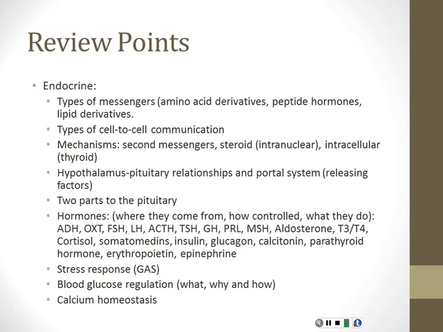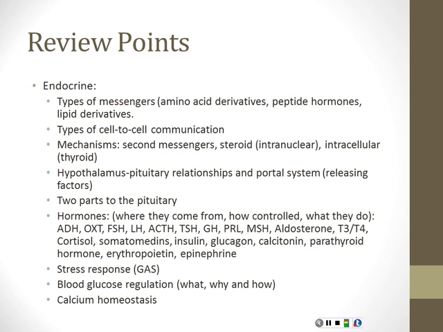Hypothalamus, pituitary. Okay. So we talked about how the hypothalamus controls the endocrine system, and the pituitary is sort of the hardest working gland. So here's the brain up here, and then there's this stalk here, and the pituitary hangs down from underneath.